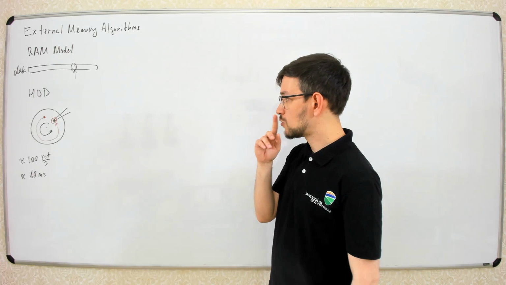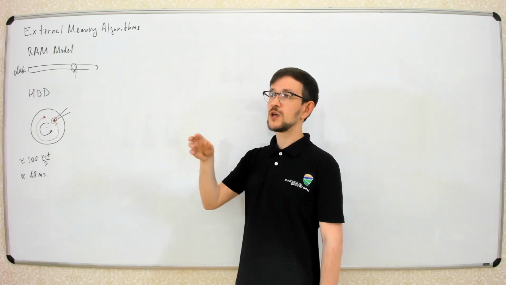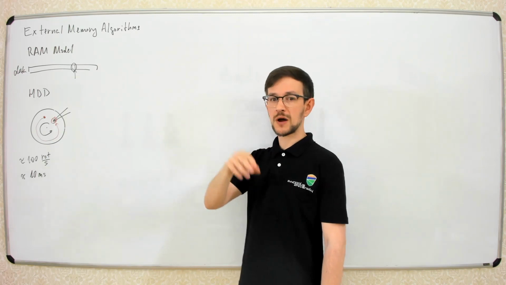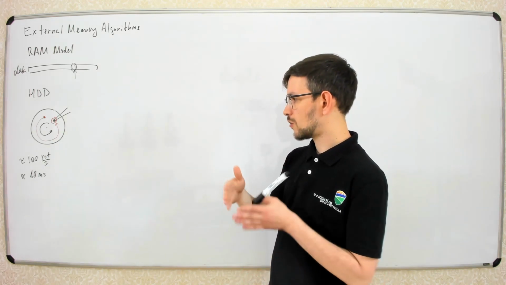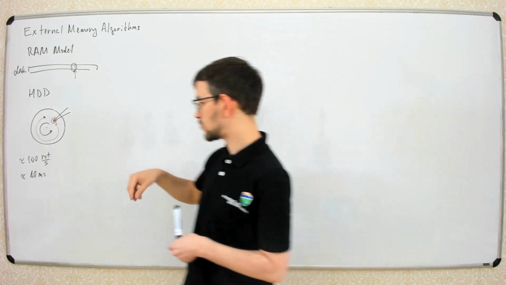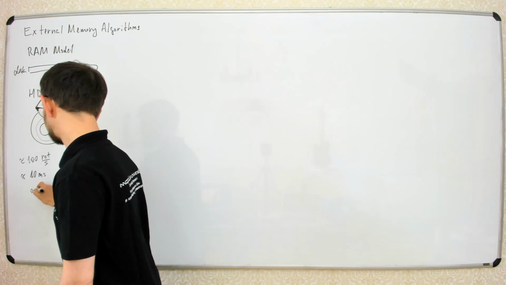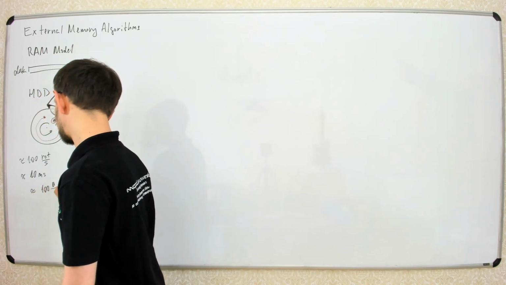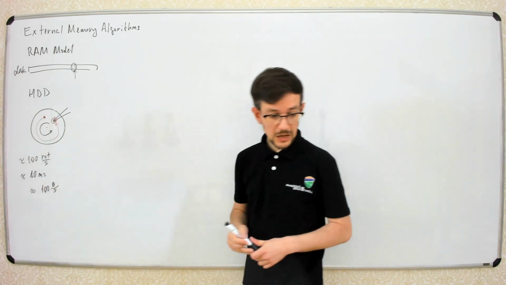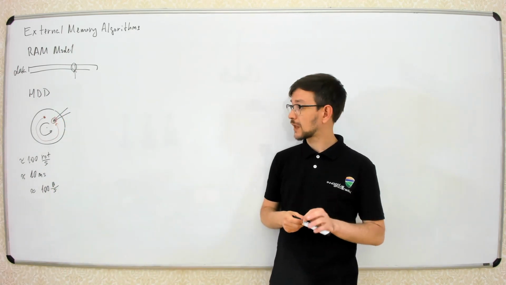Let's say you want to access random bytes of your hard disk, byte by byte. Then the speed of reading this data will be about 100 bytes per second, right? And 100 bytes per second is pretty small.